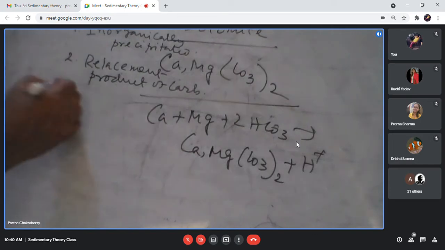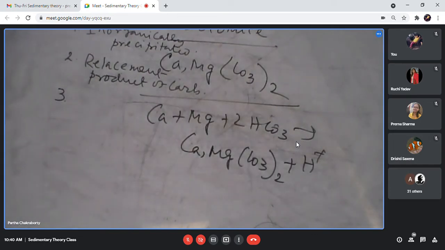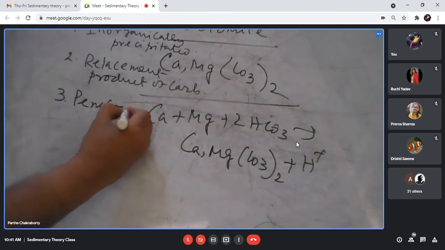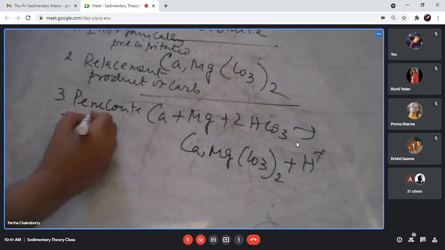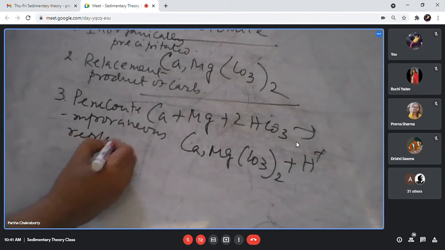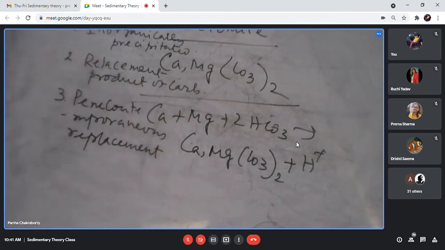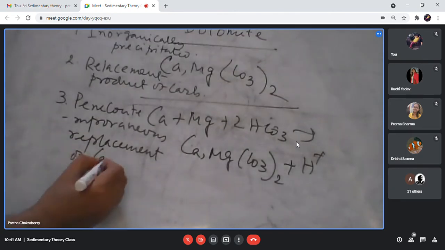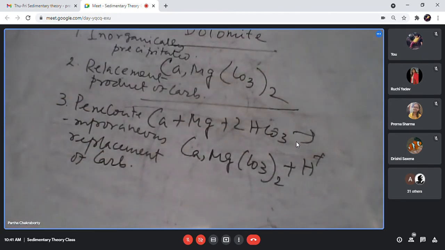And a third theory says that dolomite is a penecontemporaneous replacement of carbonate. We will discuss the merits and demerits of these different claims.